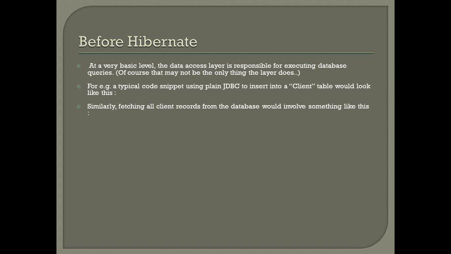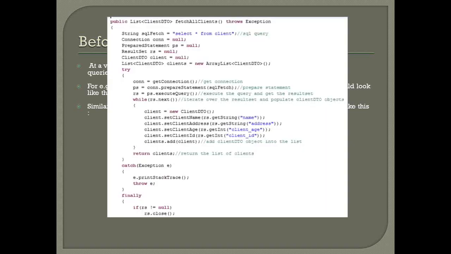Now, taking this ahead, if you take a code snippet of plain JDBC where you're fetching data from a database, you do something like this. You would have a method in your data access layer called, say, fetch all clients, for example. Now this method would execute a select statement. So it would first get a connection and prepare a statement. I've not taken any where conditions here.